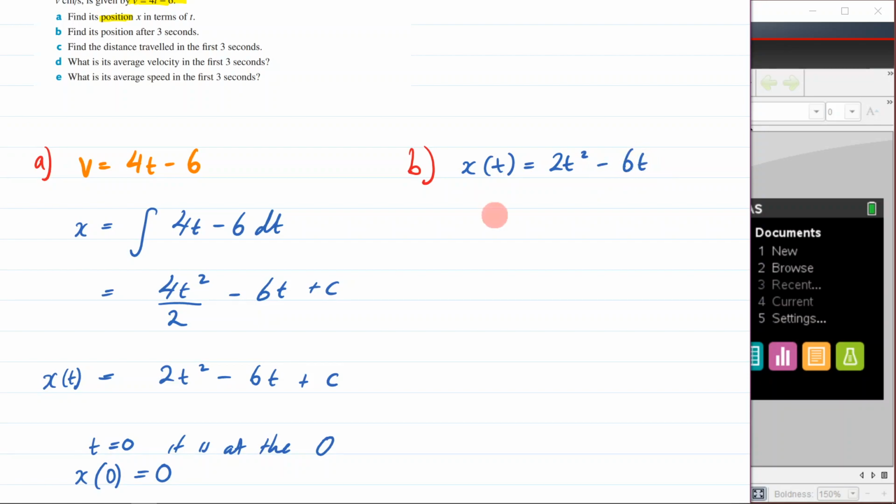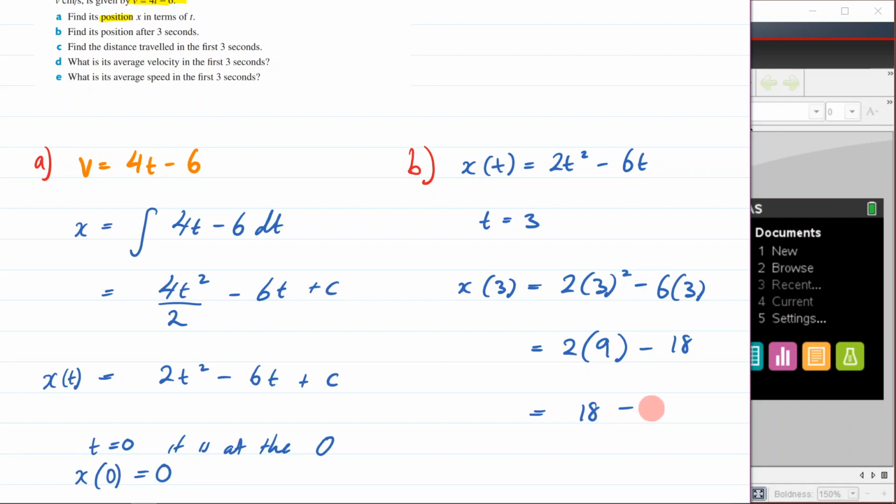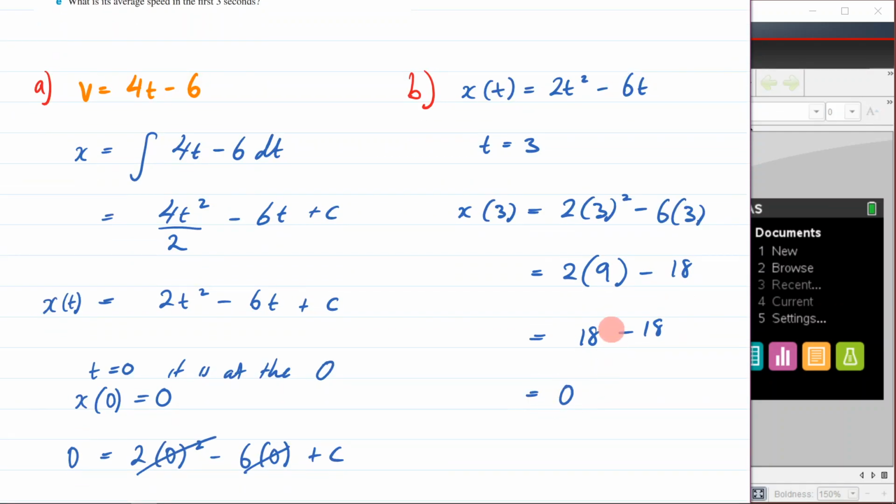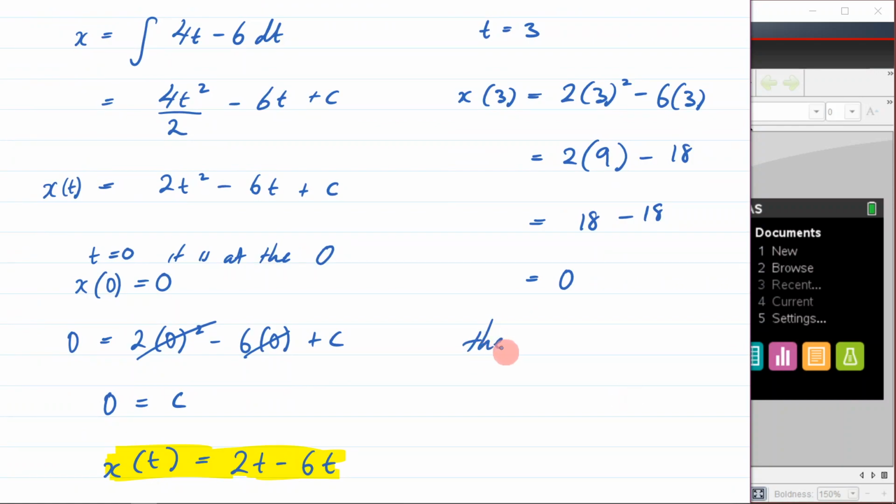And now I'm going to say, let t be equal to 3. So x of 3 is going to be 2 times 3 squared minus 6 times 3, which is going to be 2 times 9 minus 18, which will be 18 minus 18, which is 0. The particle is at the origin.